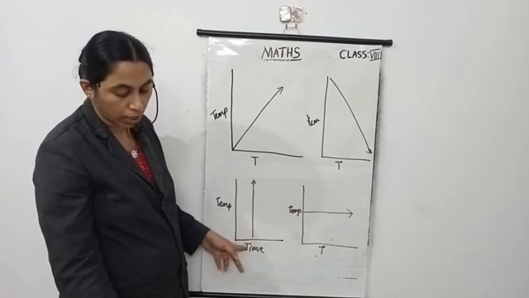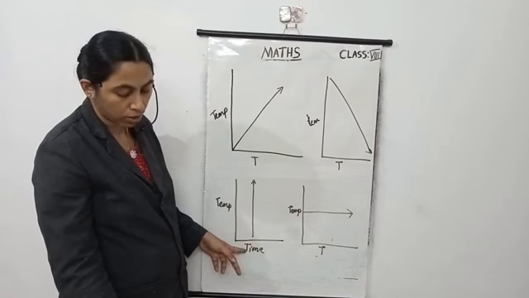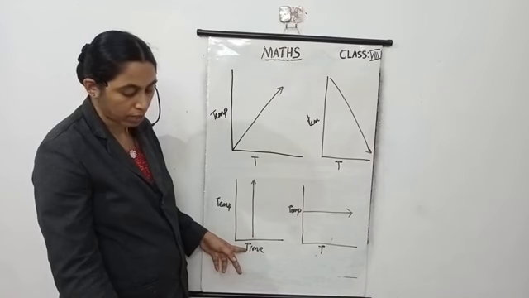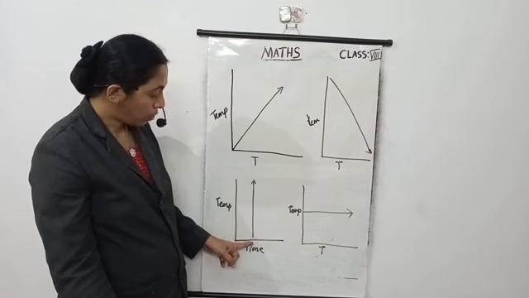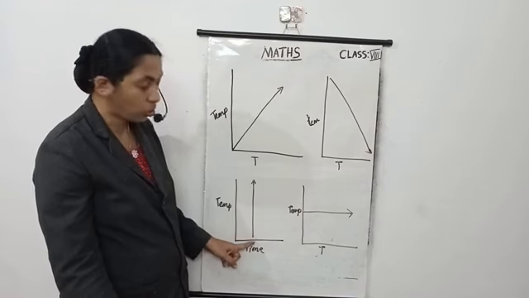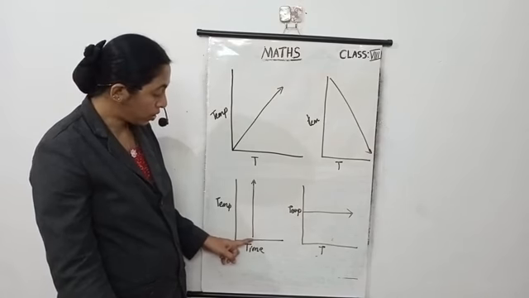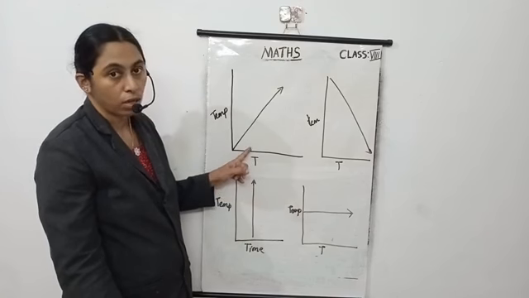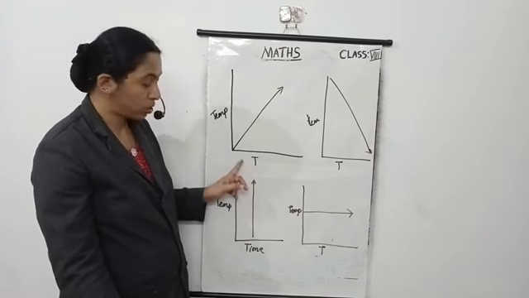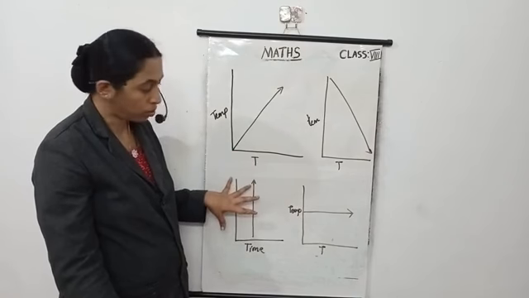It cannot be a time temperature graph because it shows infinitely many different temperatures at one particular time. Suppose this is 12 a.m., then at this 12 a.m. it is showing different temperatures, so many temperatures continuously. This is not possible. So this is not correct.